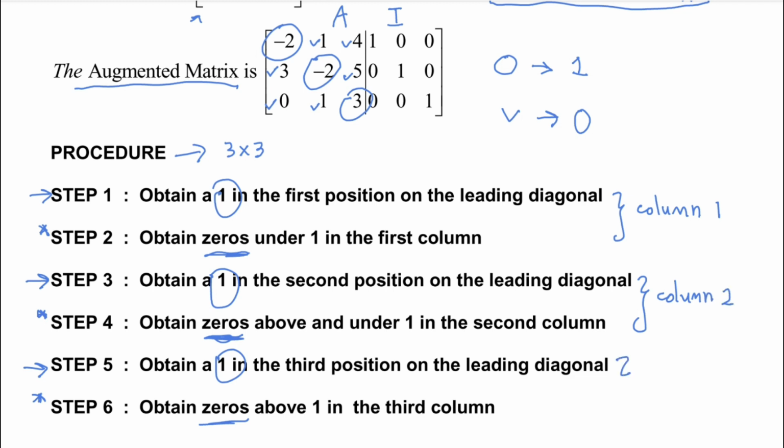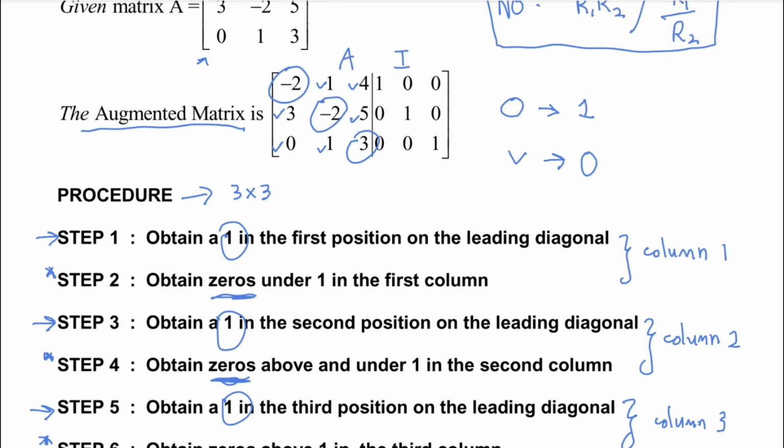And step 5 and step 6 is at column 3. Do you understand so far? Don't worry. You might be a bit confused because this is a new thing for you. We're going to go through examples, and by that time I think you will understand completely all the things that I taught before.